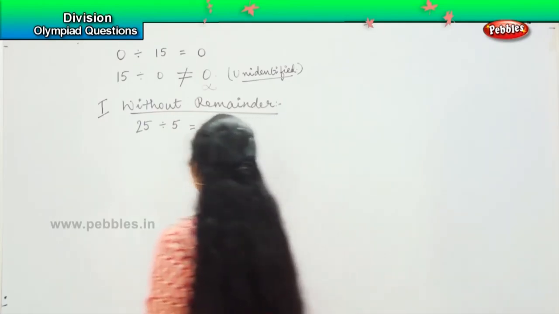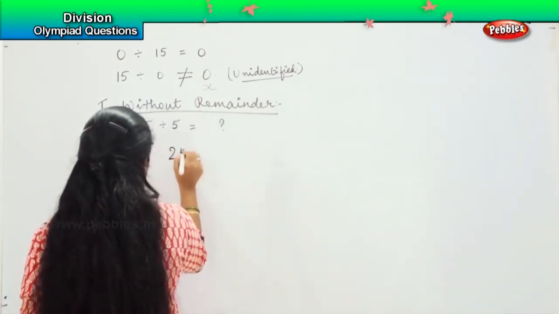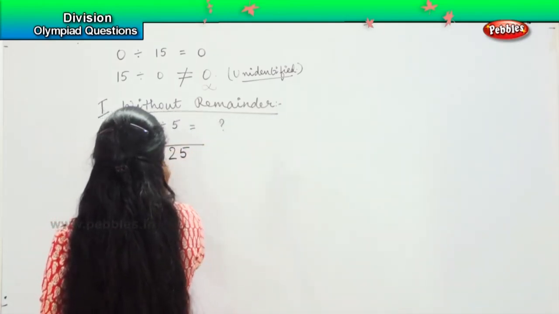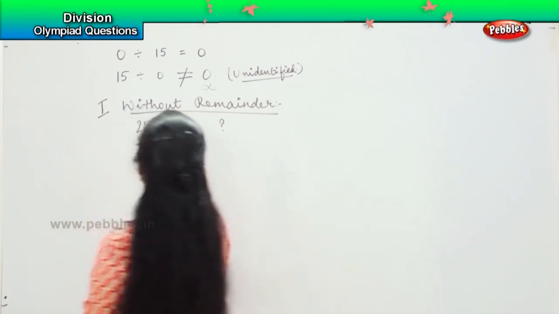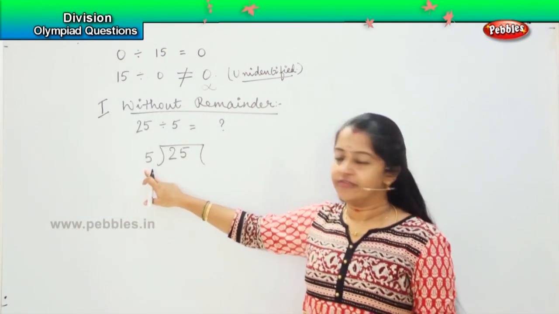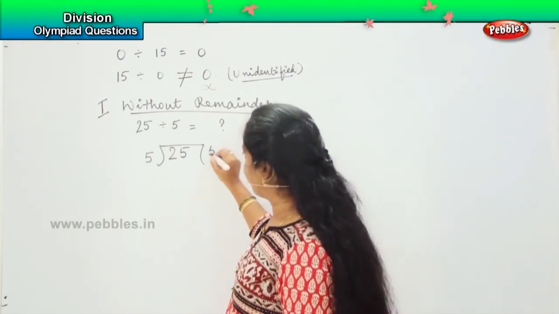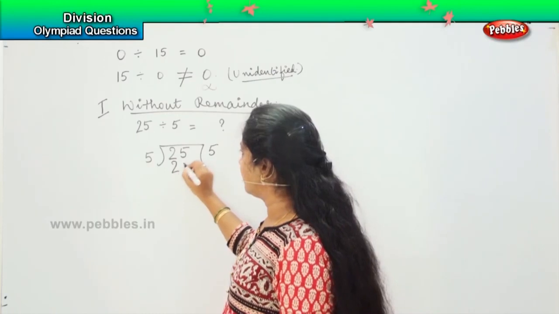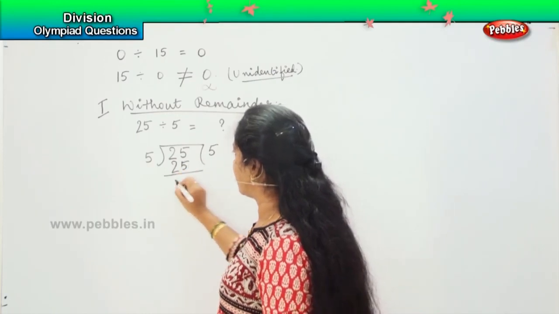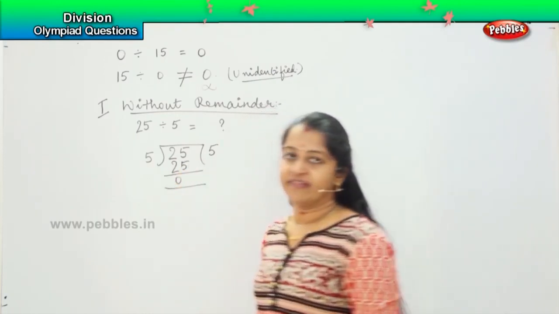So now, how will I write this? 25 divided by 5. If we recite the table of 5, 5 into 5 is 25, right? So I write here 5 as my quotient and 25 down here. The remainder I have is 0.